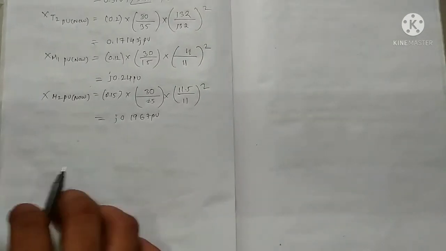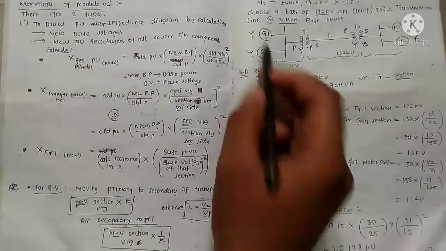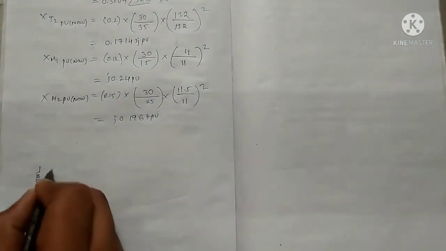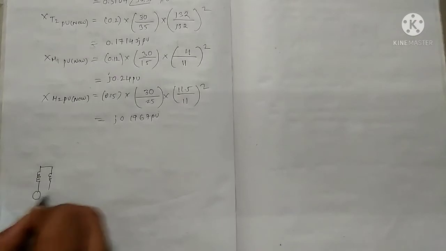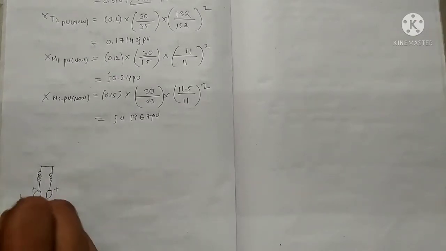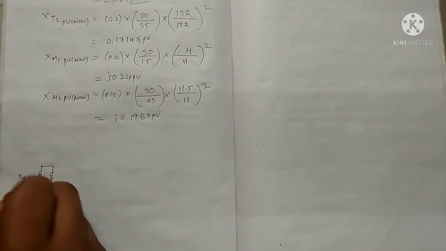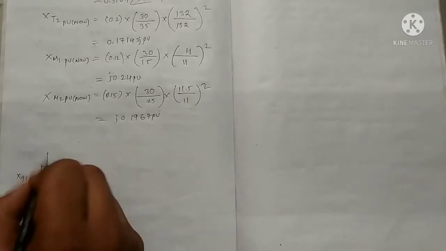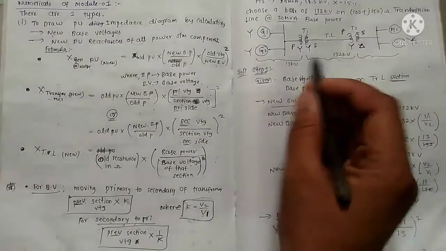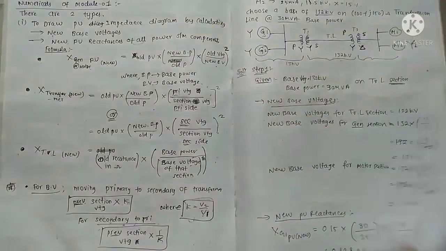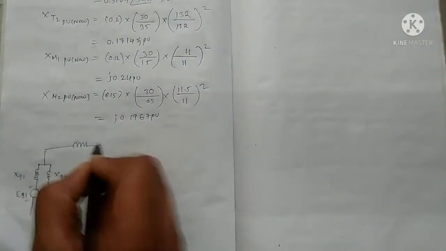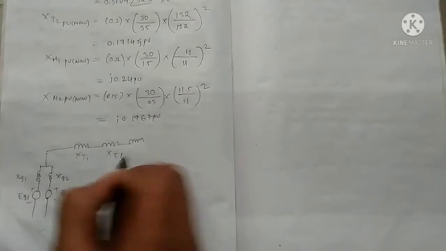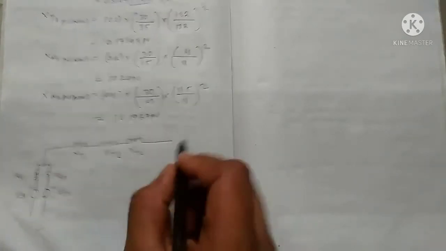Let us draw an impedance or reactance diagram. Generator G1, G2, these impedances we need to connect in parallel. This is one voltage source, plus minus. This is G1, xg1, xg2, eg2. Next, connected to this we have the transformer and transmission line and T2 transformer. We need to include those reactances: this is for transformer T1, this is for transmission line reactance, this is for T2 reactance.